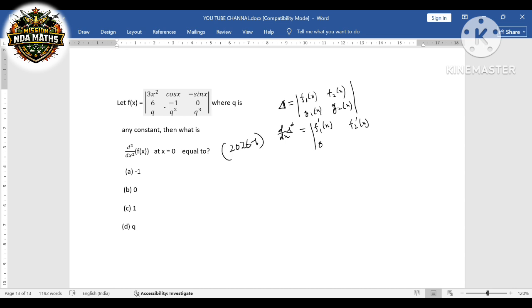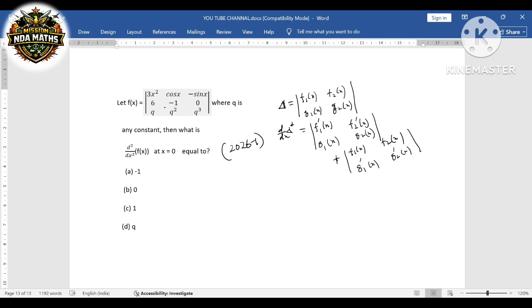But in this step the second row remains the same, no change. Plus, now the first row remains unchanged, f1, f2 the same, and the second row I differentiate: g1 dash, g2 dash. This process will continue, and the same rule applies for 3 by 3 also.